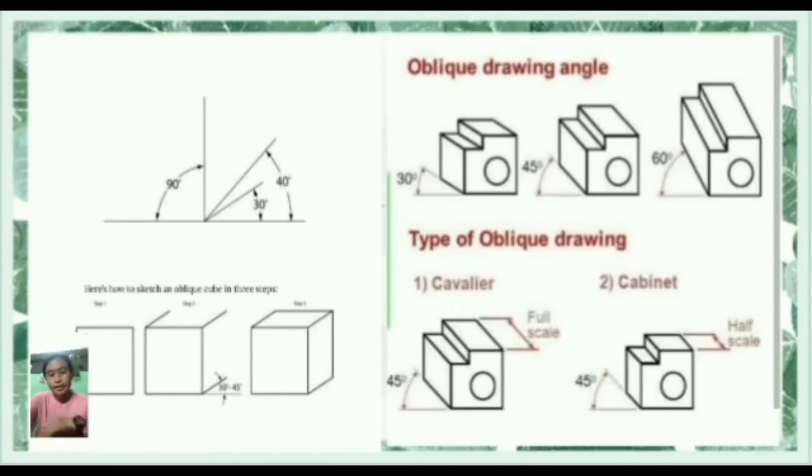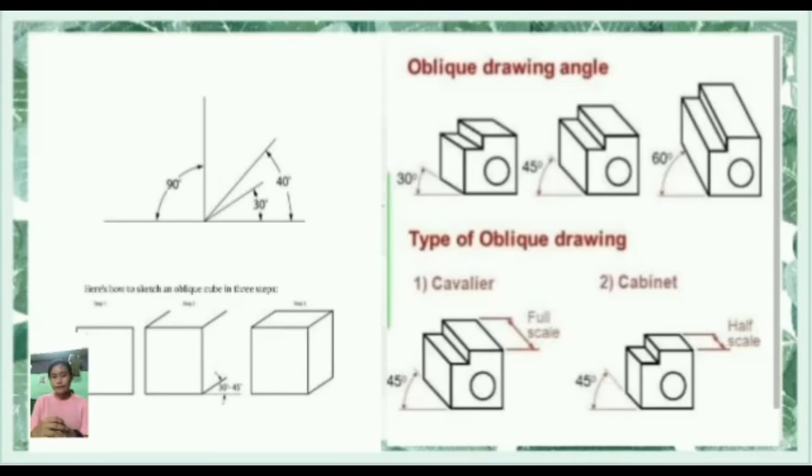Gikan sa grid lines to the point sa line sa object. Nag-measure siya og 30-degree. And the second is 45-degree ang iyang angle from the grid lines to the point of object. And lastly is the 60-degree.